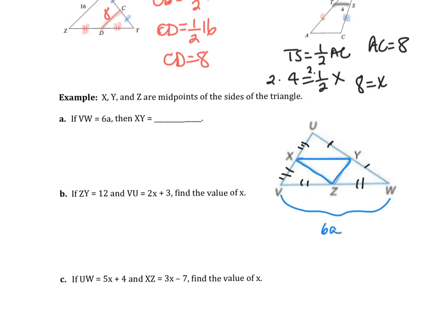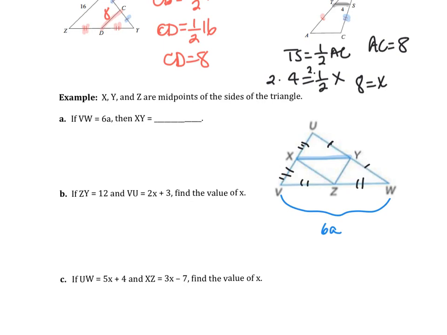So XY is that, I'm going to get a highlighter here, is that mid-segment that is across from that side of VW. So I know that XY is half the length of VW.